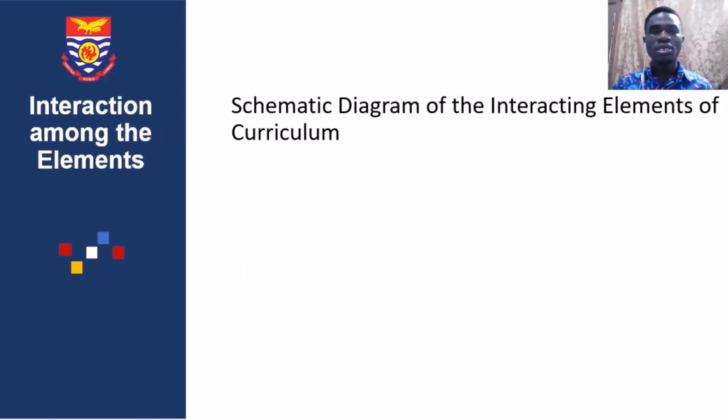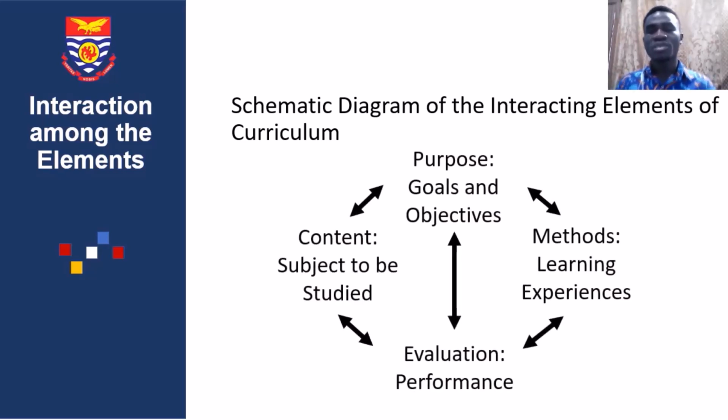Now let's look at how these four elements interact for effective curriculum implementation. So this is a cyclic form showing the interaction of the four elements. Now, on top here, we have the purpose which talks about the goals and the objectives.